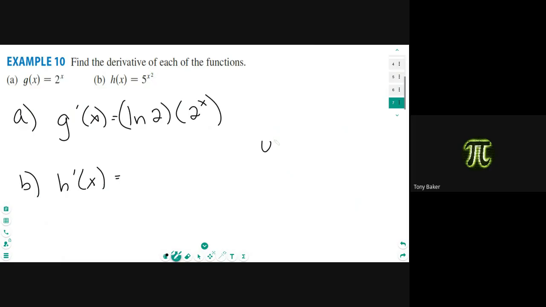So I'll make u equal x squared. What's u prime? Two x. So the derivative of 5 to the x squared becomes 2x times ln 5 times 5 to the x squared.